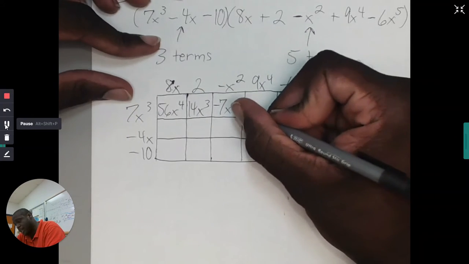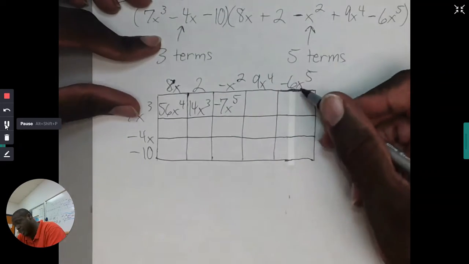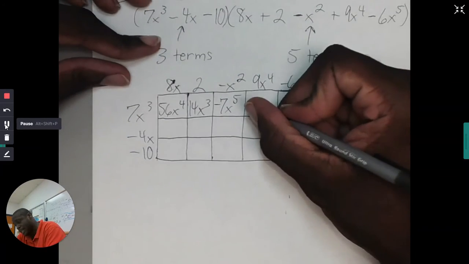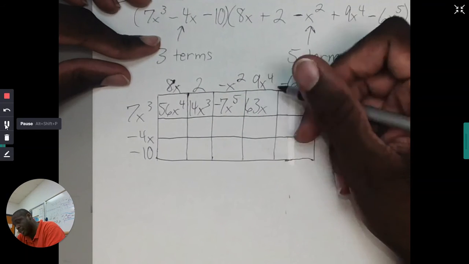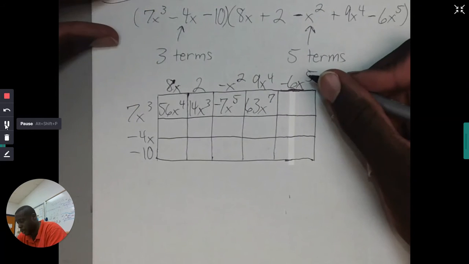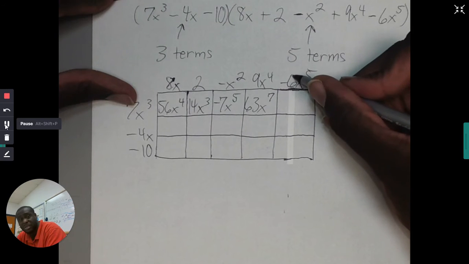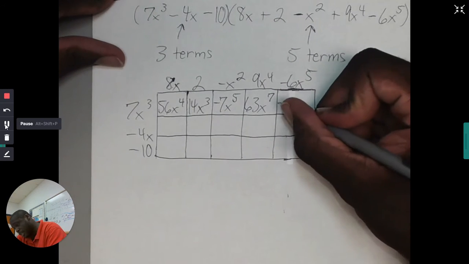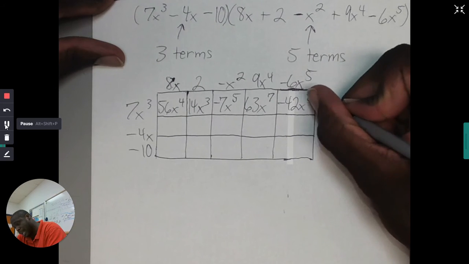Put all the x's together, because remember, you're multiplying, you add your exponents. X to the 5th. 7 times 9, 63. Put all your x's together. X to the 7th. There's a total of 7 x's there. All right, and then 7 times negative 6, x to the 5th. That's negative 42. And put all your x's together. That's x to the 8th.